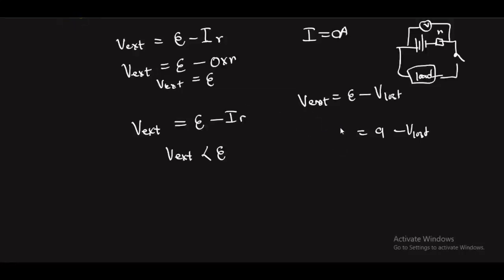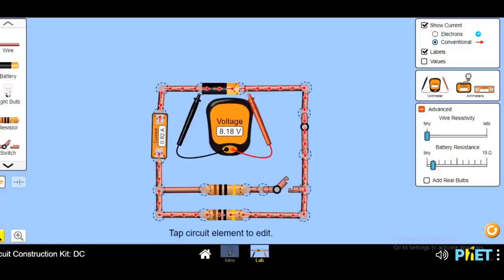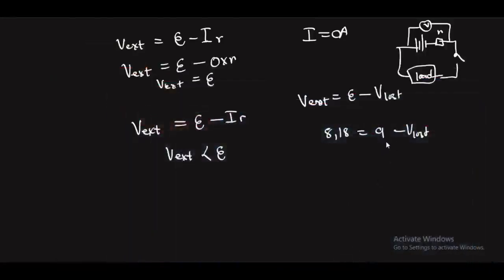V external we are reading as 8.18 volts. So we can work out that V lost is 9 minus 8.18, meaning 0.82 volts were lost.